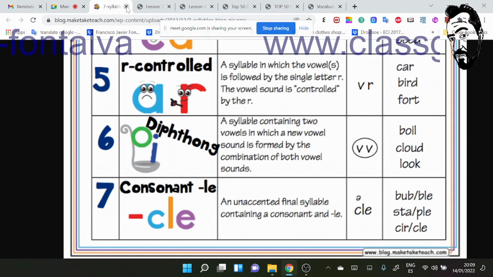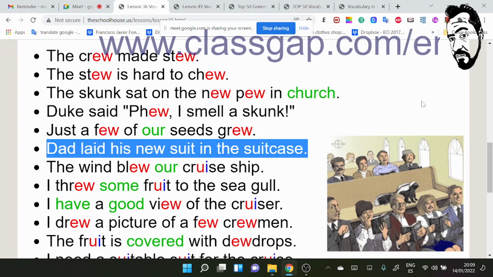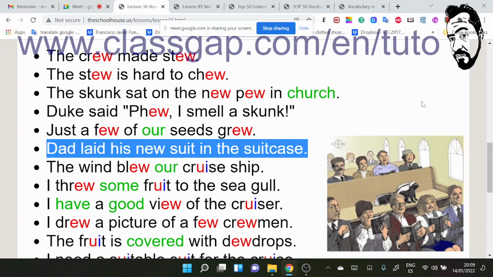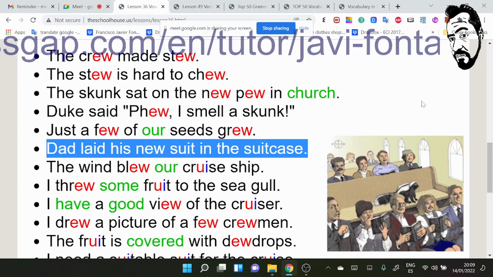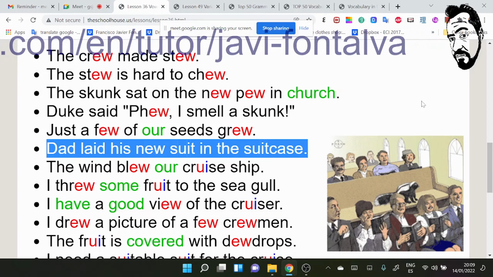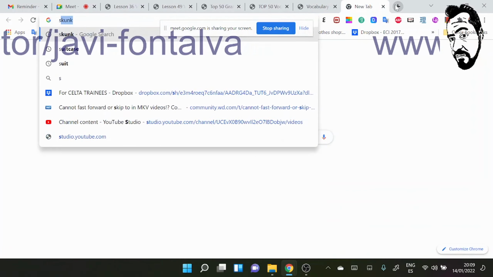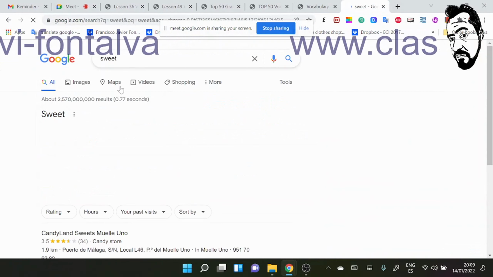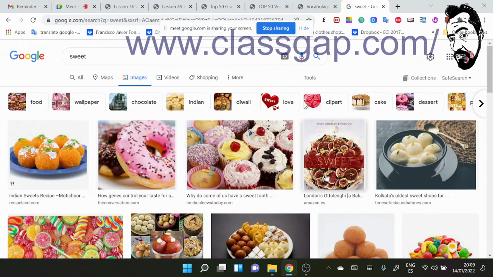Okay. Can you read this? The laid his new suit in the suitcase. If sweet is this. Sweet. This is sweet. The flavor, you know.